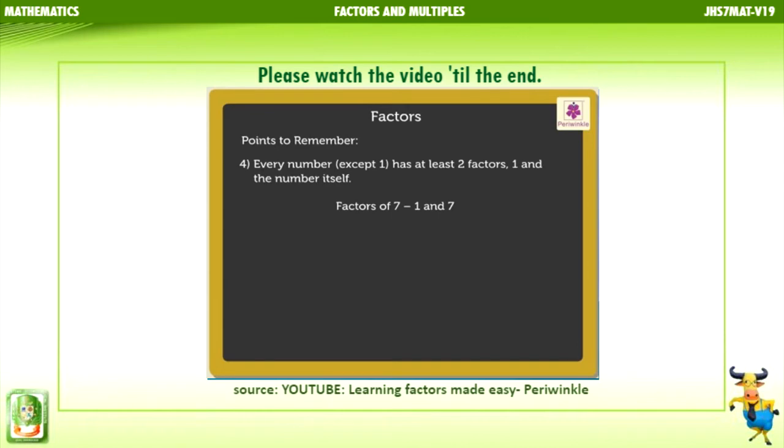That is, the number 7 has at least 2 factors, 1 and the number 7 itself. Hence, we can say that every number except 1 has at least 2 factors, 1 and the number itself.